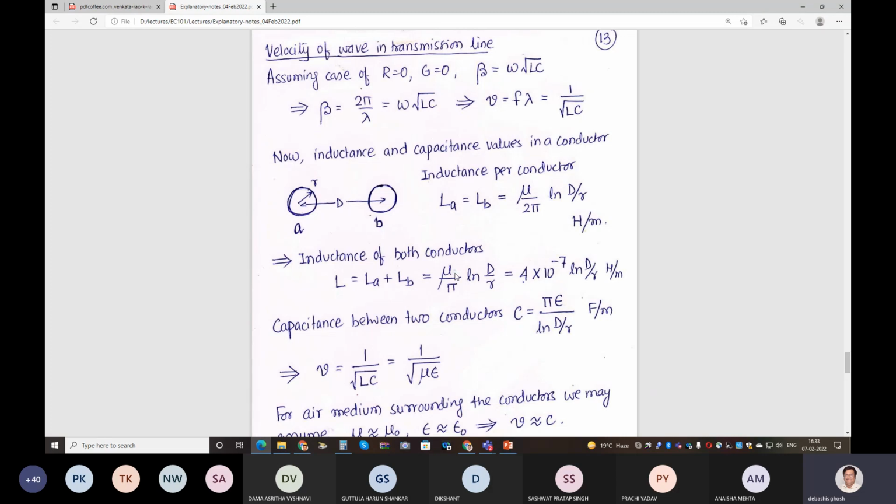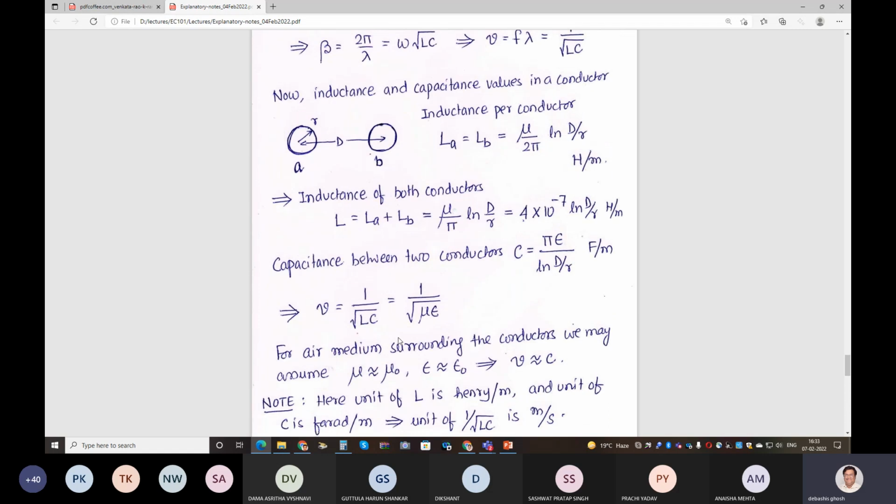You know the value of mu, which I have already given earlier. If I take mu for the case of free space, which is another assumption we are considering, then it will come out to be this. So L is equal to this expression, and for free space it will come out to be this.